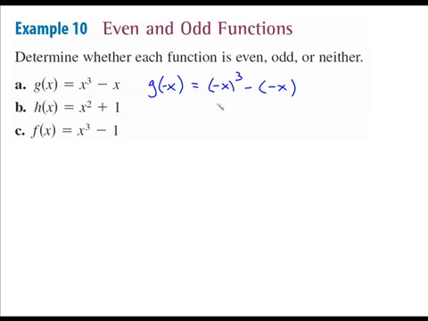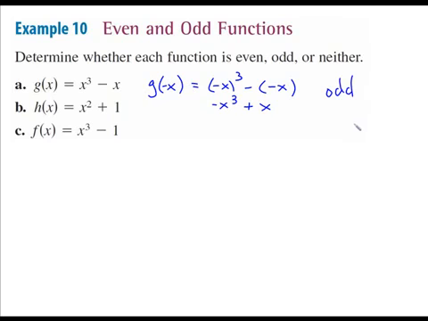Well, this will give you negative x to the third plus x. So is this answer the exact same, the exact opposite, or neither? Well, x to the third is positive, that one's negative. This x is negative, that one's positive. You get the exact opposite, which means this function here is going to be odd.